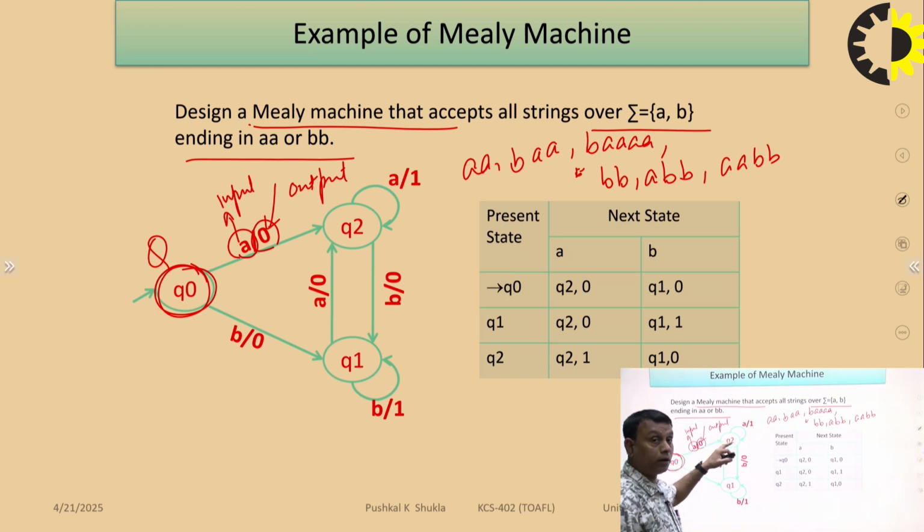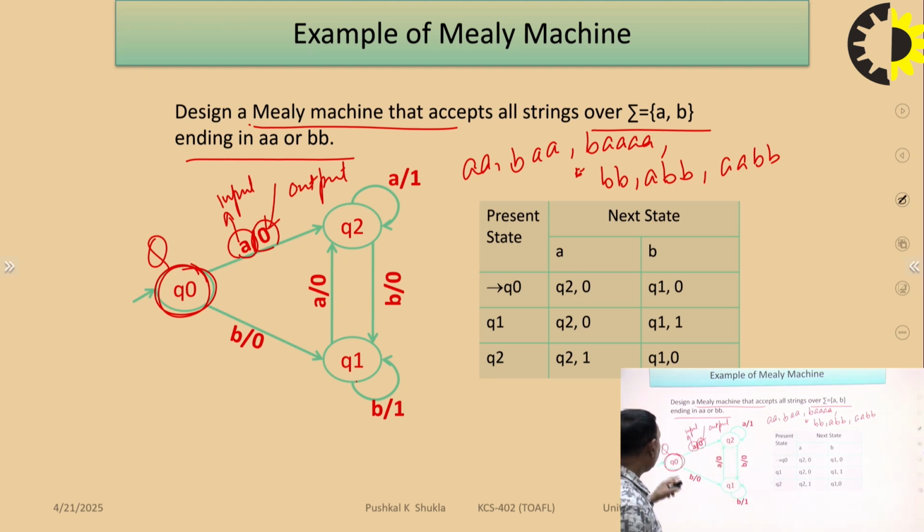And at Q2 state, after scanning input A, it produces the output 1. Similarly, at Q2, it goes to the Q1 state after reading input B and produces output 0.